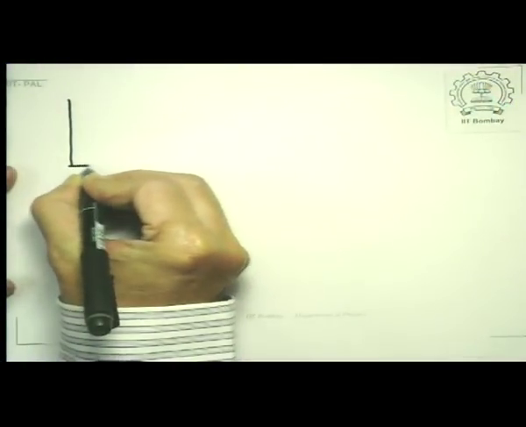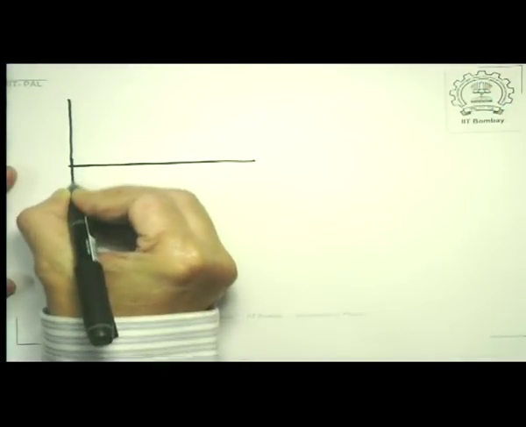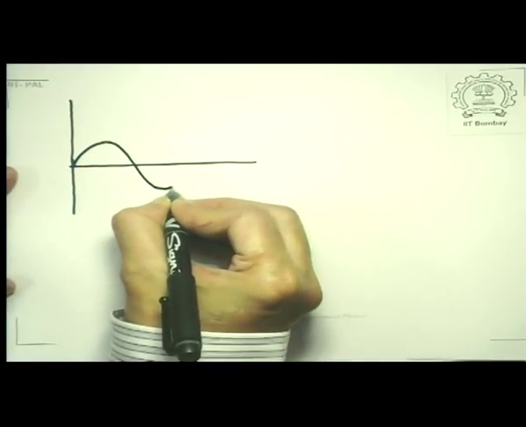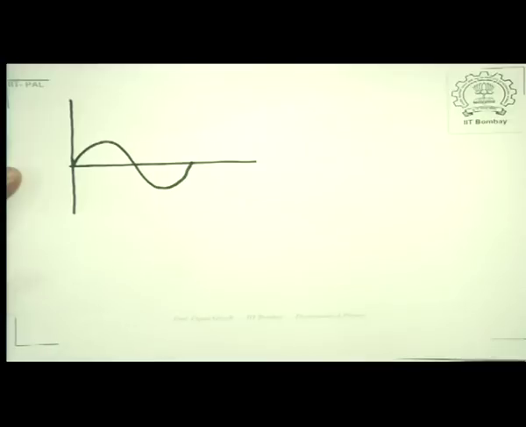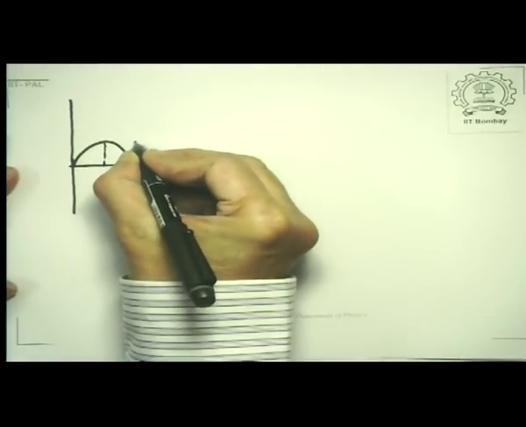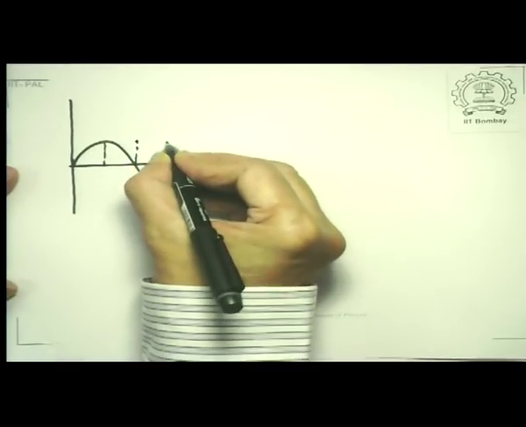Let us look at the variation of voltage and the current for one period. So this is the way the voltage varies, and let me just show quarter of cycles separately.